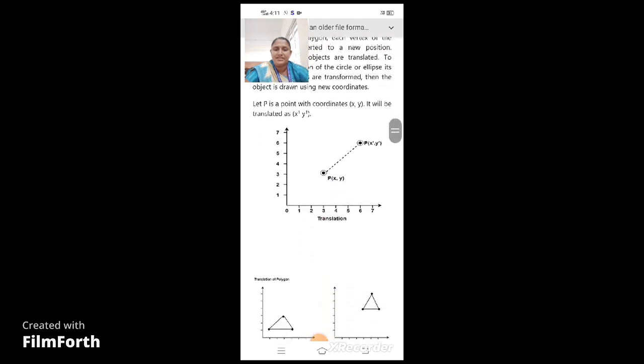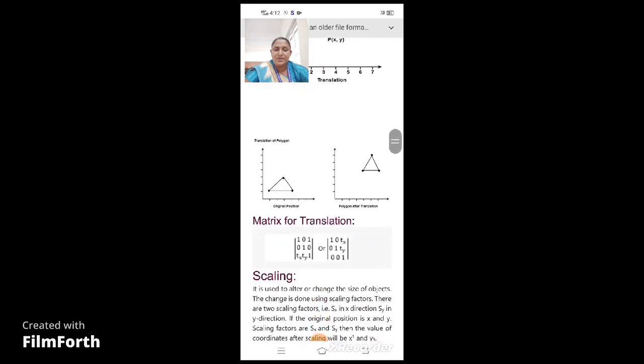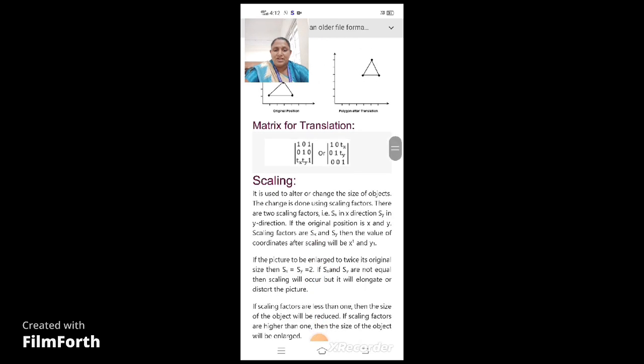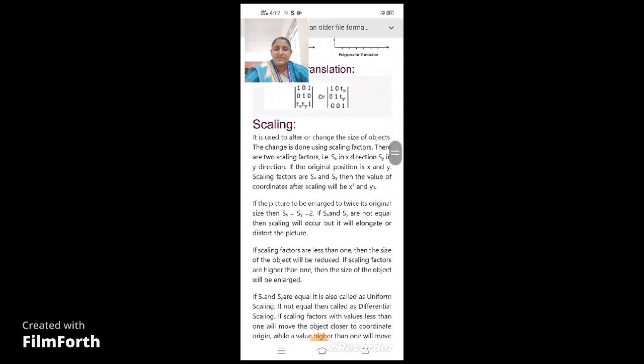Here in the figure we see that P of x, y is the original position of an object, P of x1, y1 is the changed position of the object. So it will be changed in a straight line only. Here is an example: you see that the original position of a triangle will appear, and then after translation, the translated position will be seen.